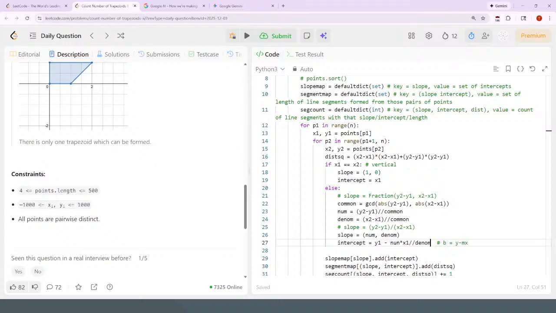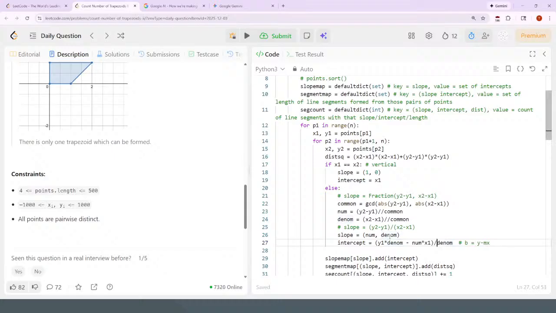So the only way I'm going to guarantee this is to think about the fraction itself, isn't it? So I need to convert both things to be over denominator. So this thing needs to multiply denominator with denominator, so that it's all integer based. Then I have a common denominator.